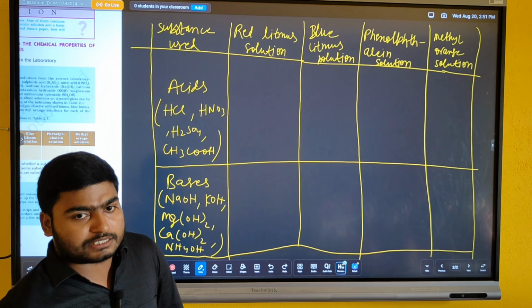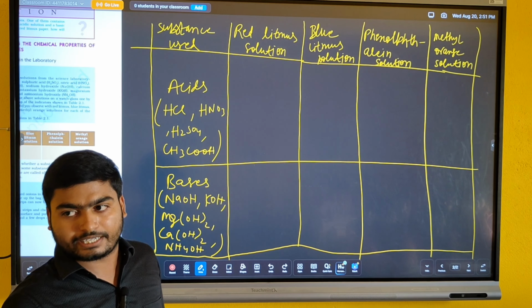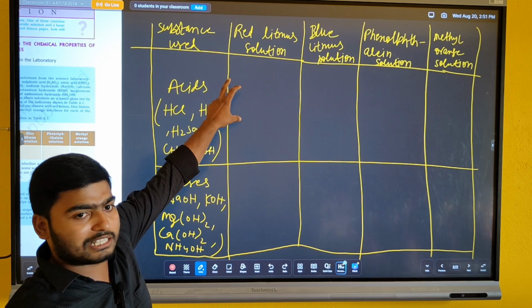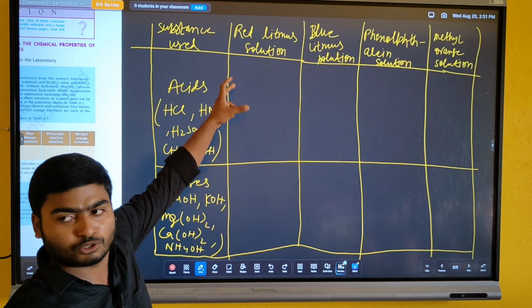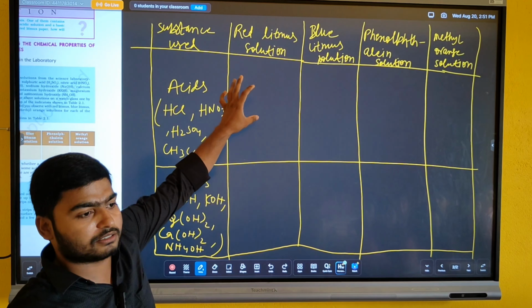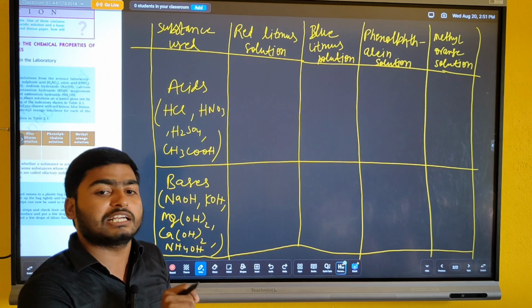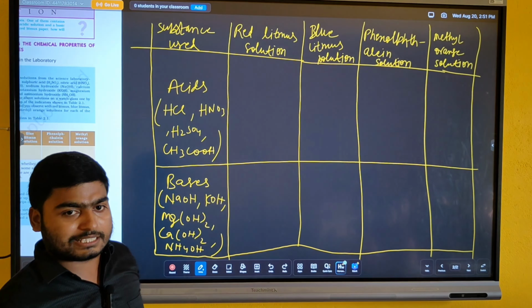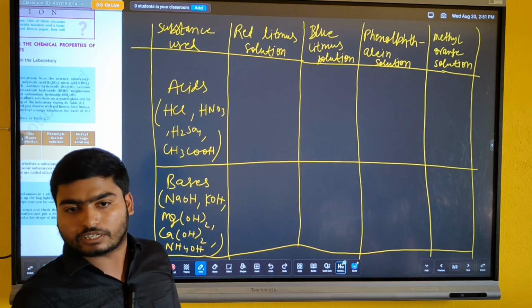You know that acid turns blue litmus to red, right? So you have red litmus already. Will there be any color change here? No, right? Because if you put acid on red litmus, there will not be any change in color, because acid turns blue litmus into red.